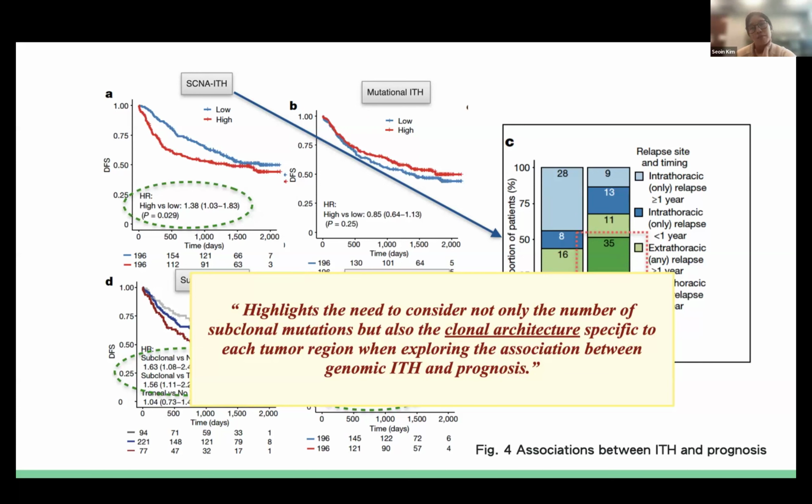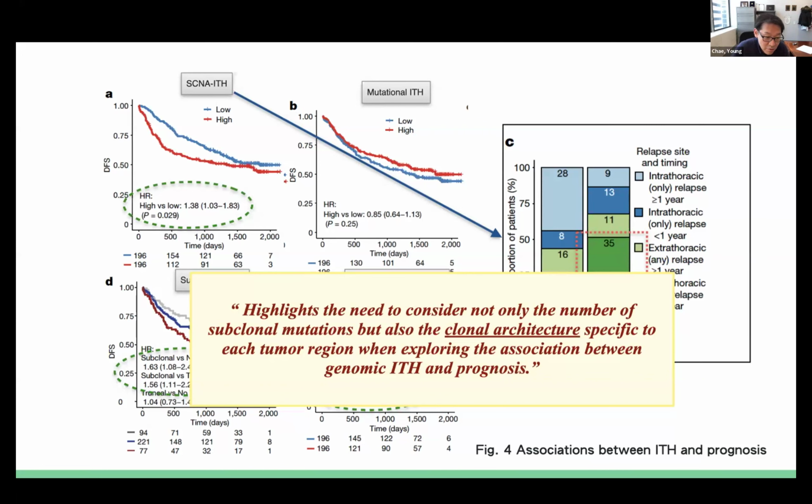My question here was, how practical would that be, to implement this finding for each patient? This is such labor-intensive work. So how do you know clonal architecture and the number of subclonal mutations? I mean, we do it by counting clone numbers.